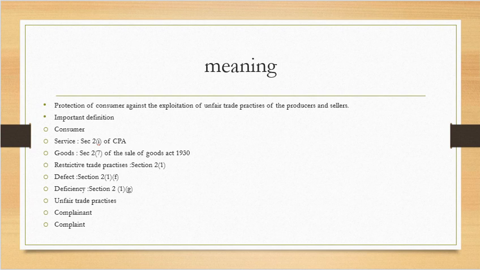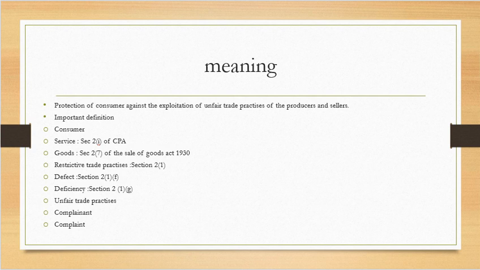The next definition that we are going to look into is deficiency, according to section 2 subsection 1 clause (g). Deficiency is the same as defect, but defect is in the case of goods, while deficiency is relevant in the case of services. So what do you mean by deficiency in the view of services?